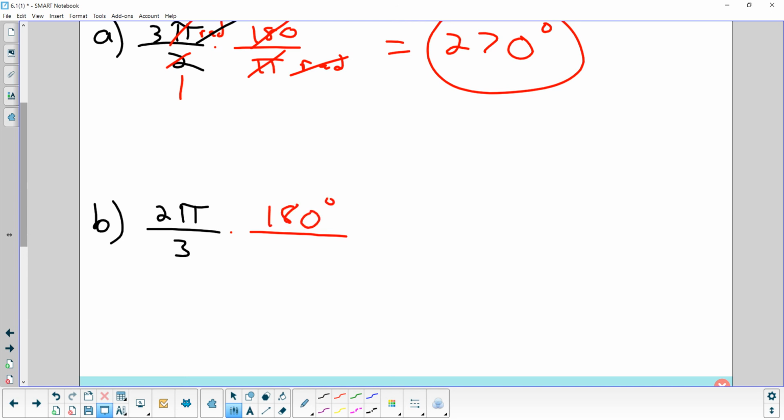And Sarah, what number goes in the bottom? Pi. RAD cancels out. Pi cancels out.